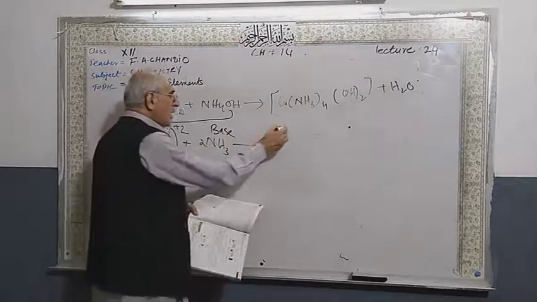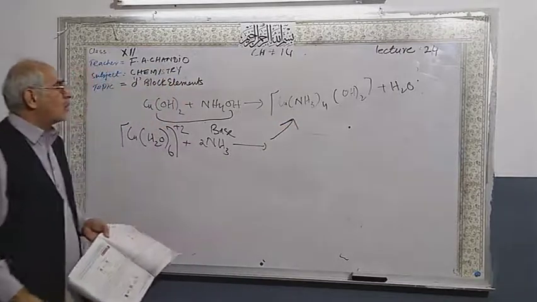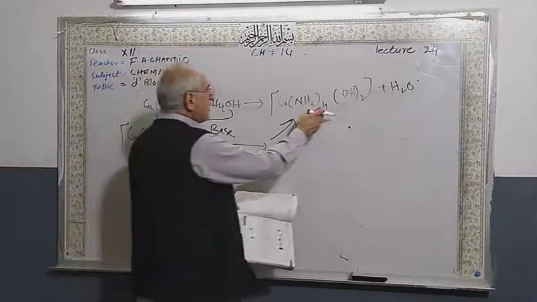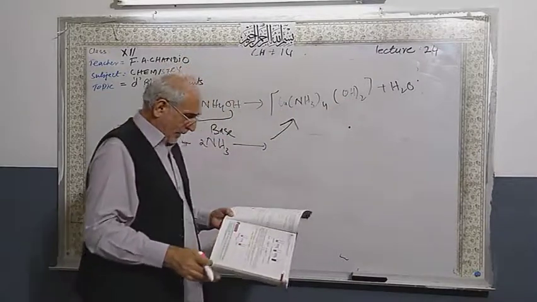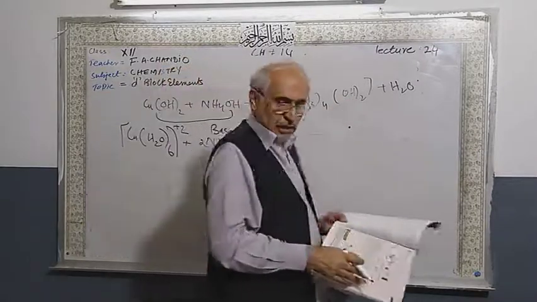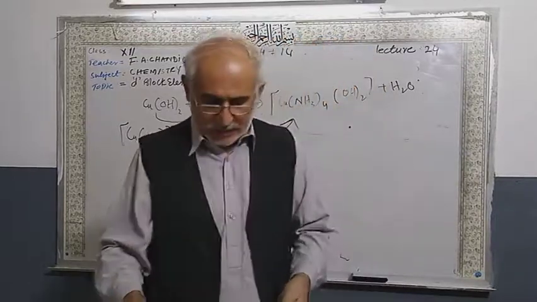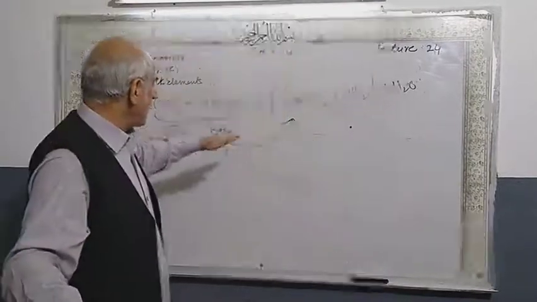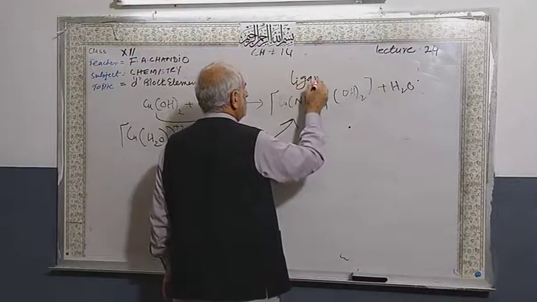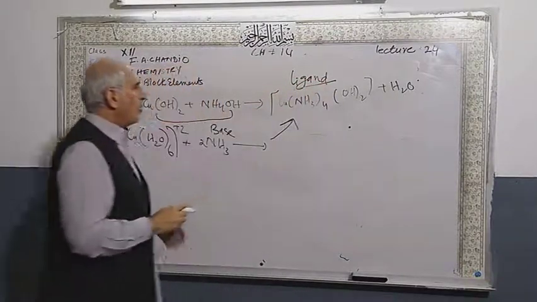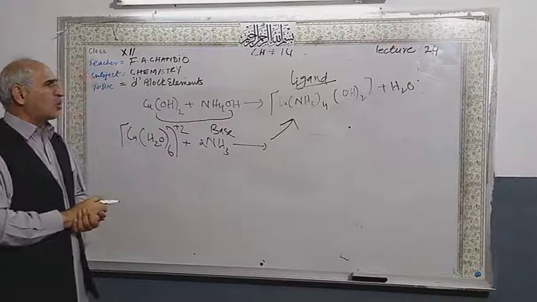So this is tetraammine dihydroxo copper, and this is a dark blue precipitate. So in this reaction, ammonia acts as a ligand. So ammonia acts as a base and ligand both.